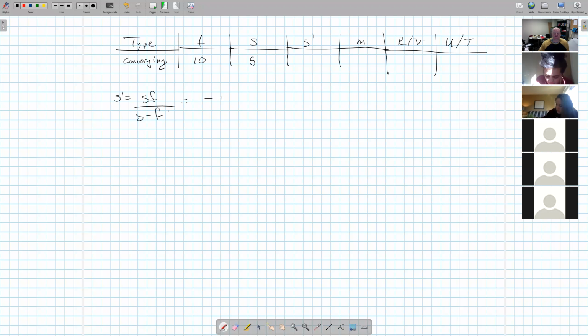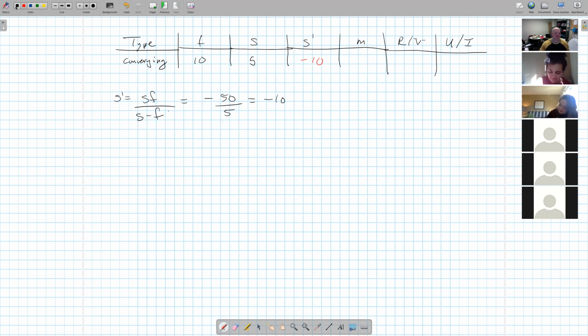So this is going to be equal to negative 50 divided by 5, which is then equal to negative 10. Okay, good. So from here, we can put in a negative 10. Everybody's okay?